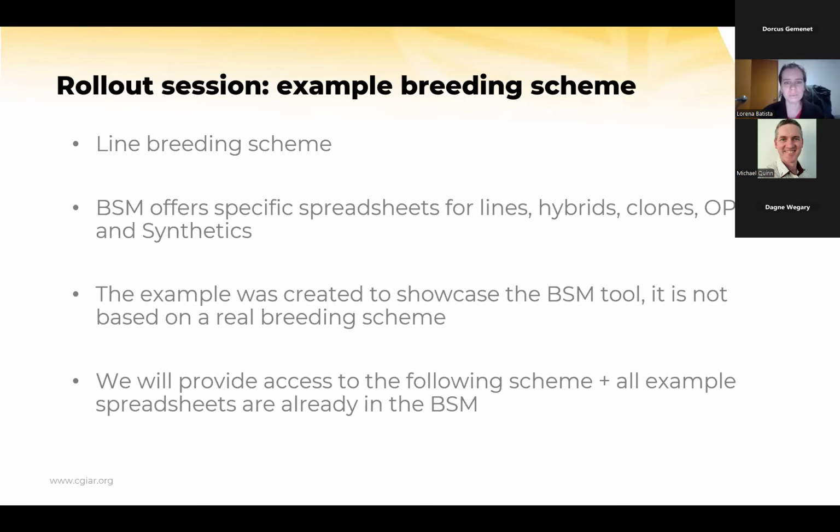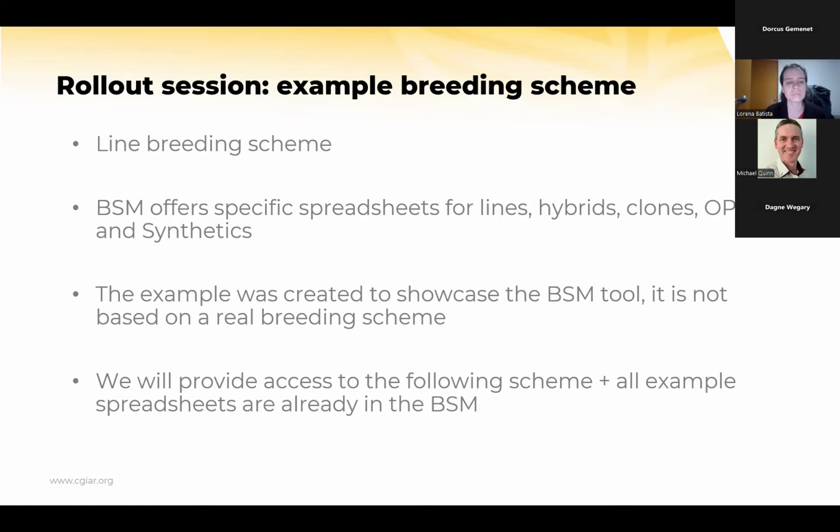The example was created just to showcase the tool. It is not based on a real breeding scheme, so line breeding programs, do not get worked up over this. This is just to showcase the tool.